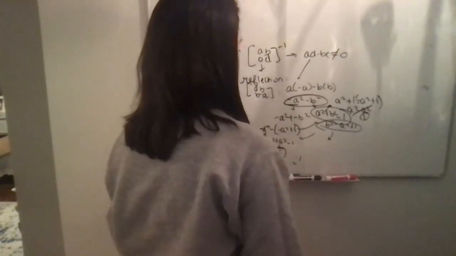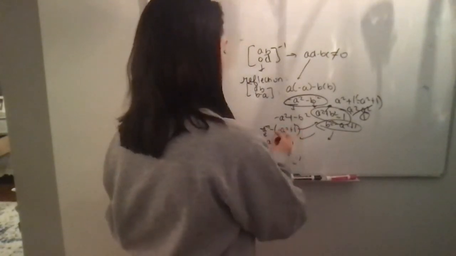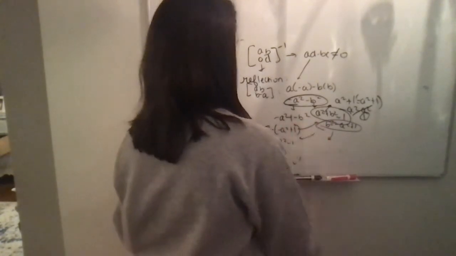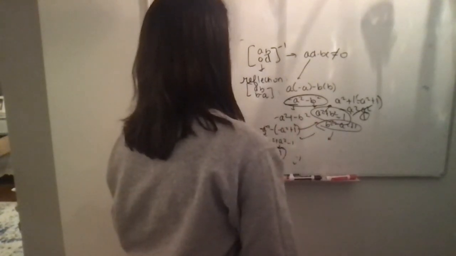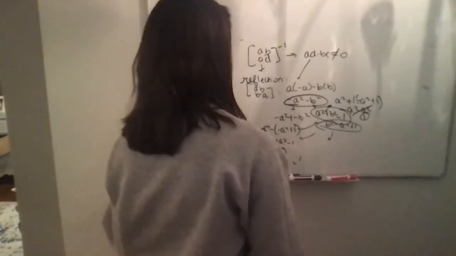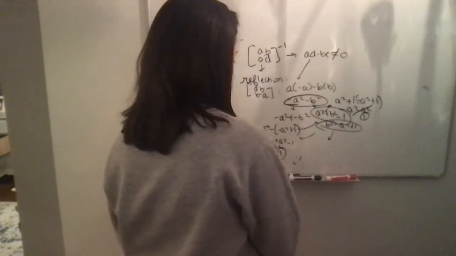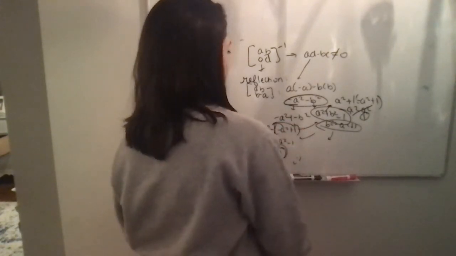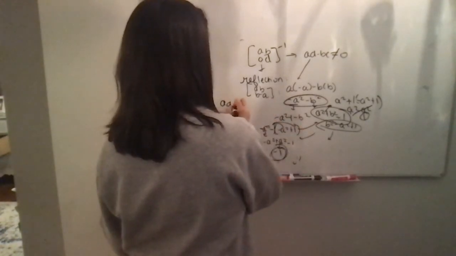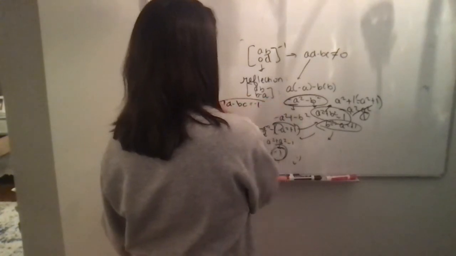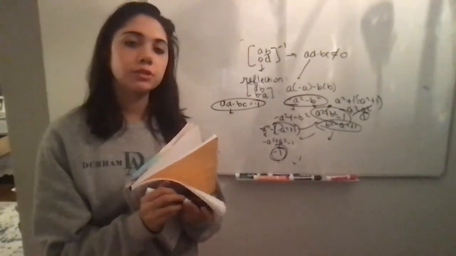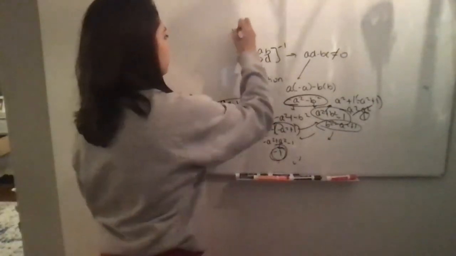So then we have negative A squared minus, parentheses, negative A squared plus 1. From there, we can simplify by distributing, and we end up with -1. So if we know that AD minus BC equals -1, that means that any reflection transformation is invertible.